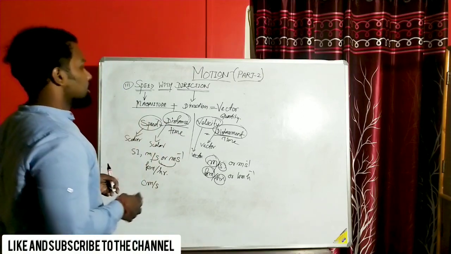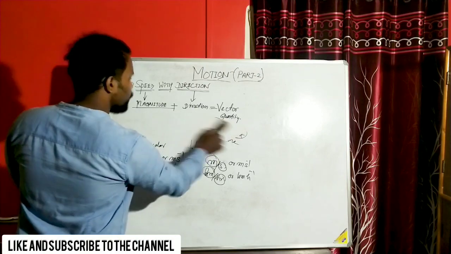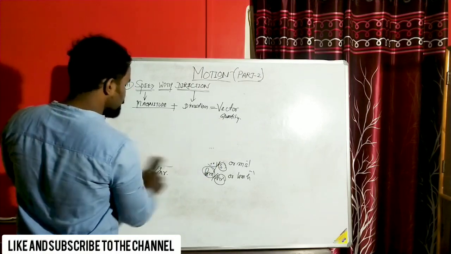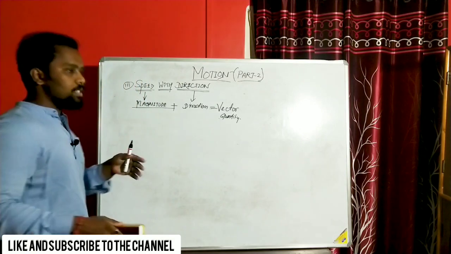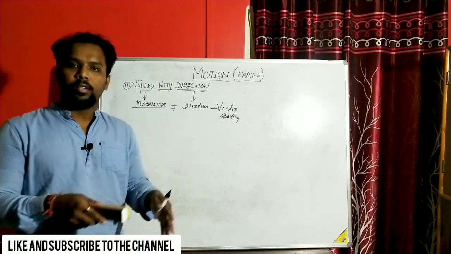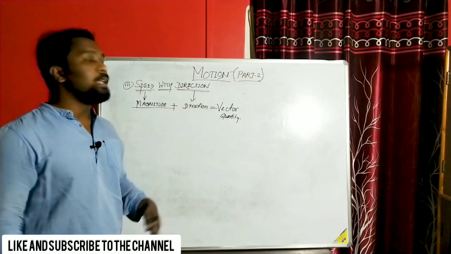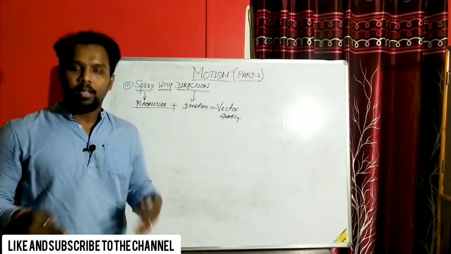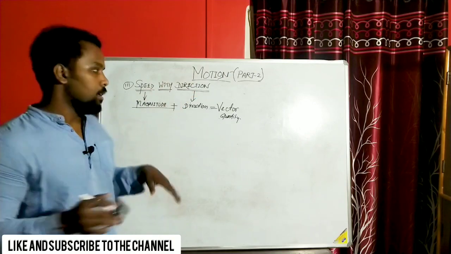Again, one more similar thing is there for both speed and velocity. Whenever a car changes its position from one city to the other, the speed is not going to be the same throughout the journey. That's why we need the average speed. Once we give the speed a direction, it is going to be velocity. The speed may be the same, but the direction may change.